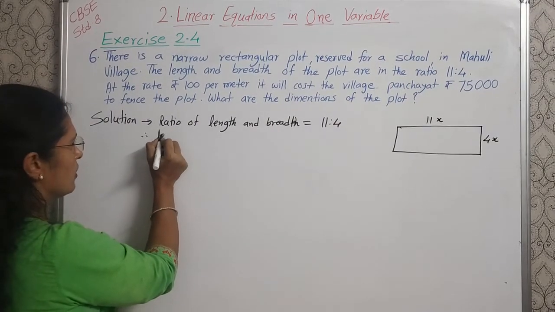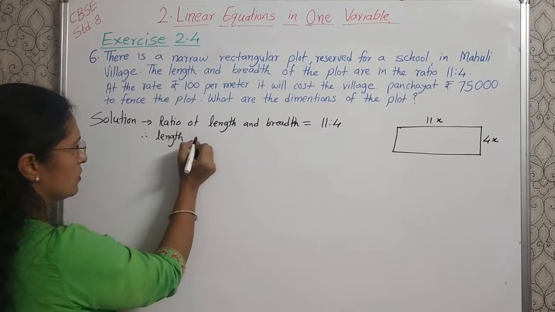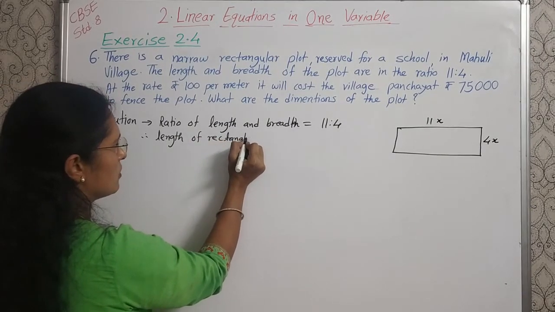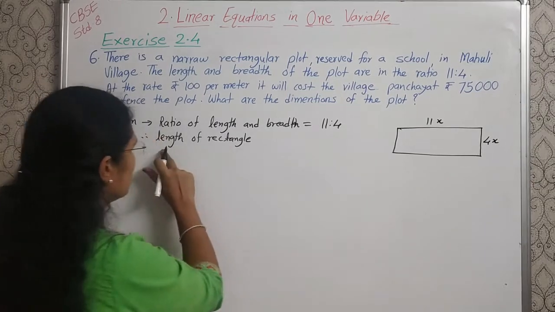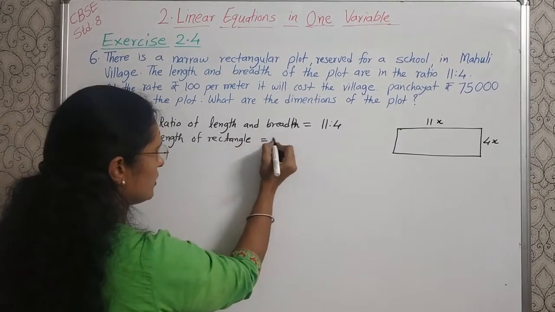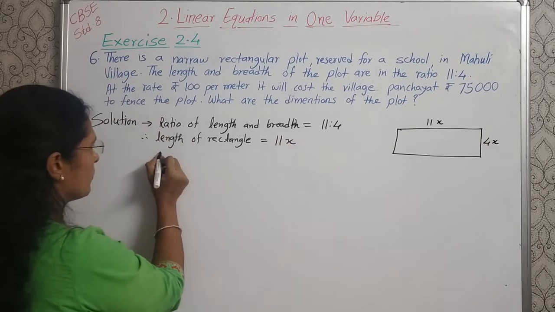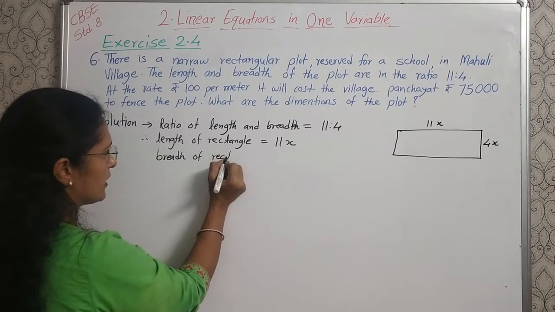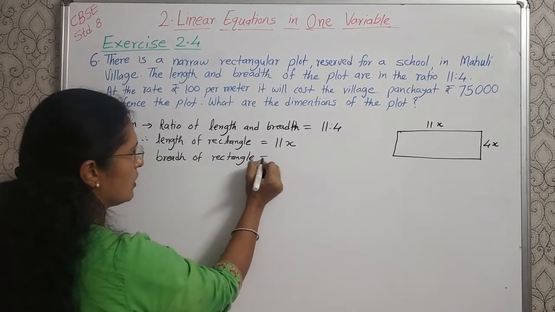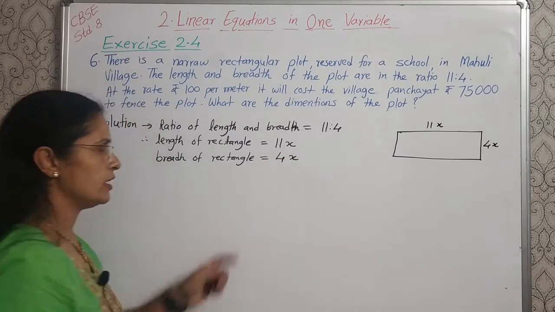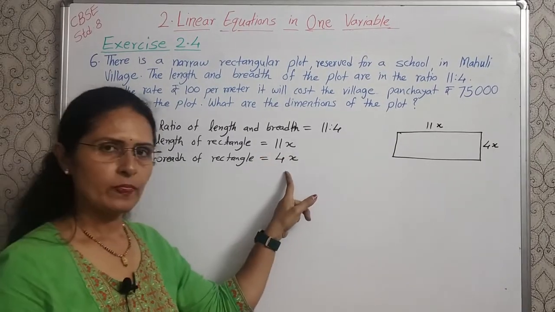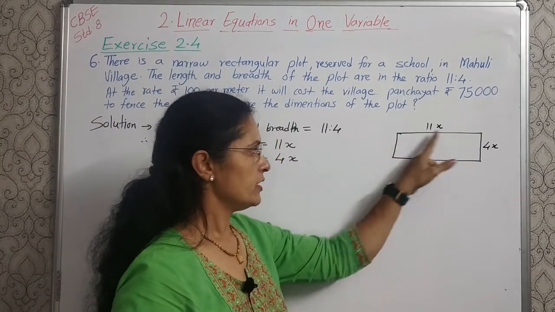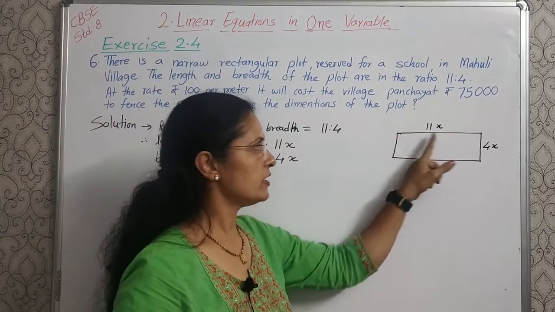And therefore the length of the rectangle is 11x and breadth of the rectangle is 4x. Now we'll find out how much is the length of this border. It means find the perimeter.